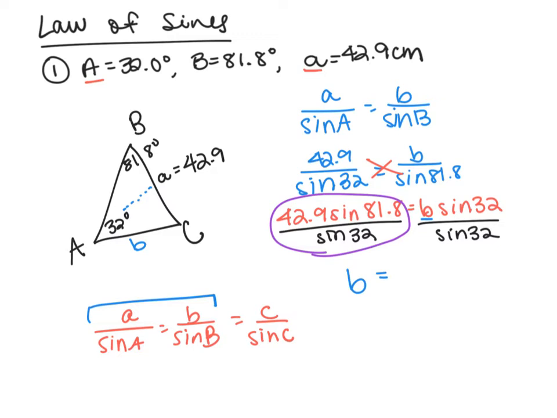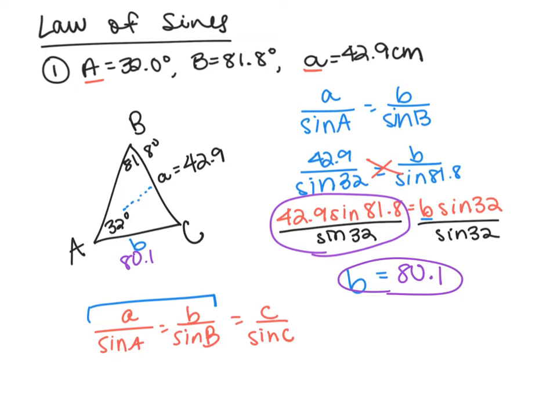Go ahead and practice that now to make sure that you're using your calculator right. In this case, you should get b equals 80.1. We'll just stick with one decimal. Now when you're told to solve a triangle, that means to find all the missing sides and angles. So in this case, we have 80.1 for b.